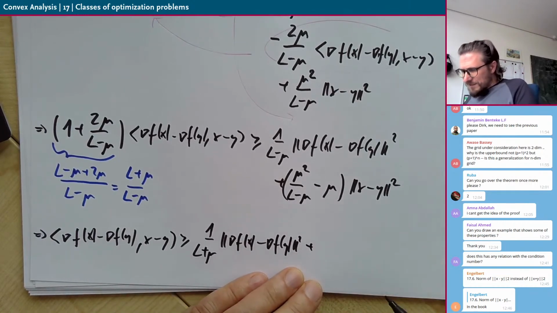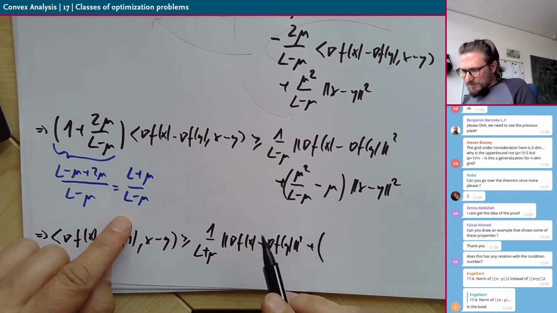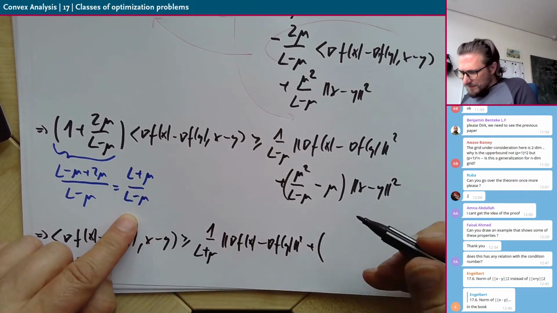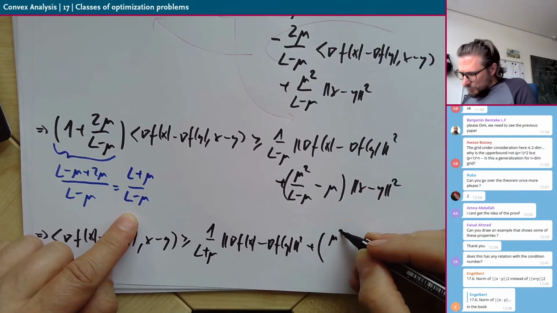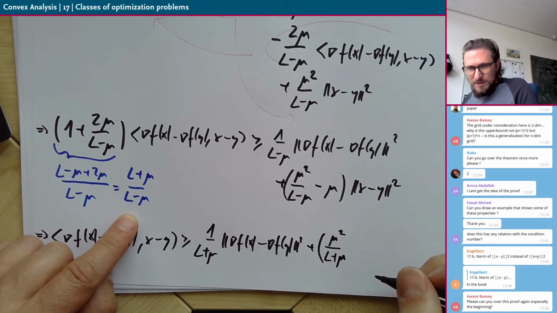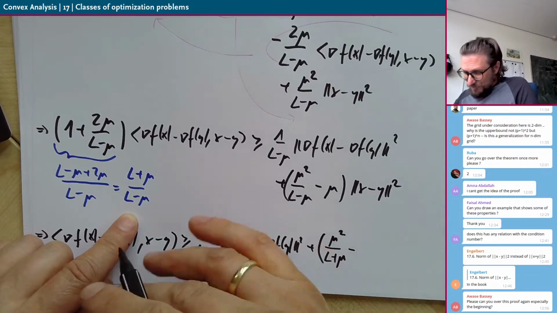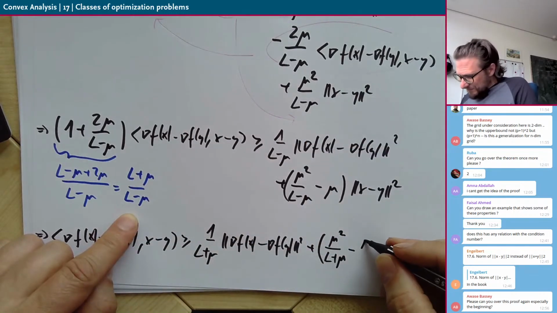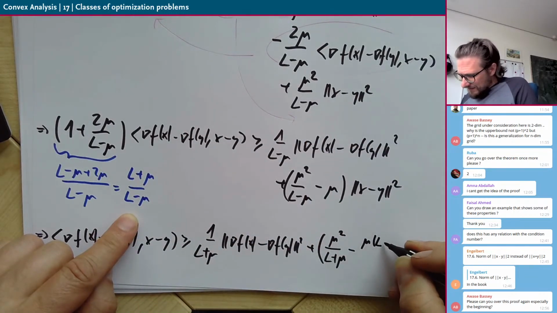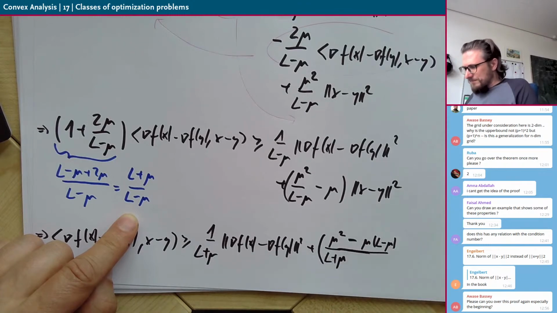And what is left over here? This looks complicated now, but it's not that complicated. We multiply by the inverse of that, and it gives us mu squared divided by L plus mu, minus the reciprocal of that, and then mu times L minus mu divided by L plus mu, so we can just write it like this.